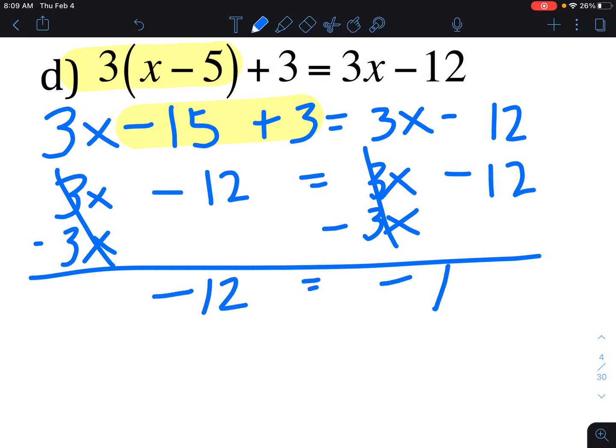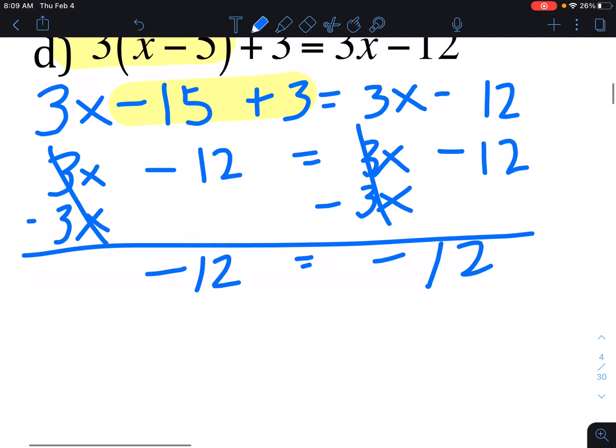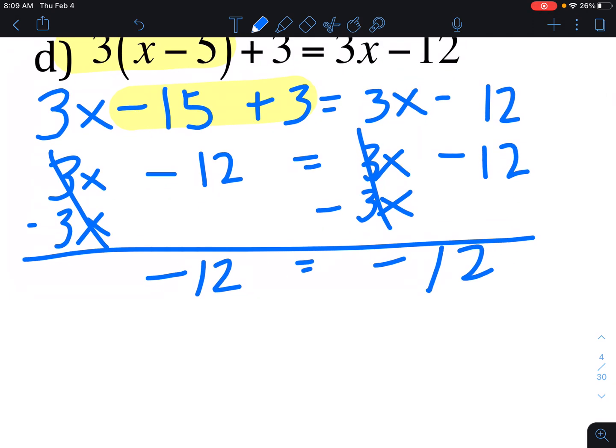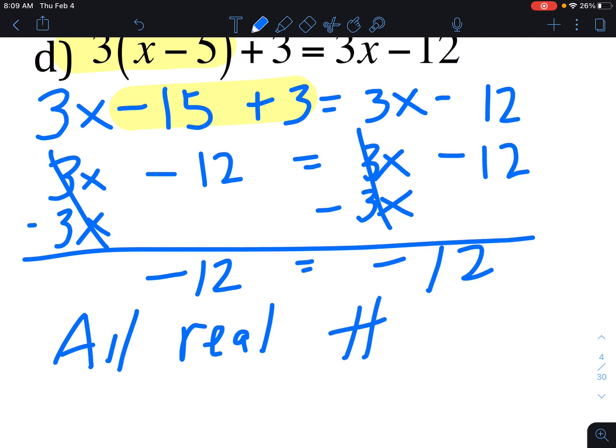Drop down the numbers that are left over and take a look at them and ask yourself, is that true? Is negative 12 equal to negative 12? Of course it is. So we need to put a phrase here that means all real numbers.